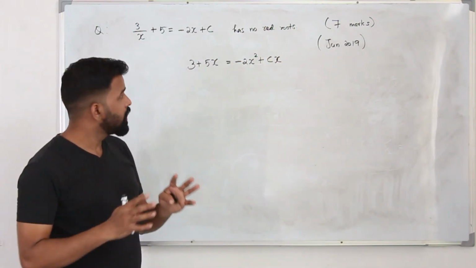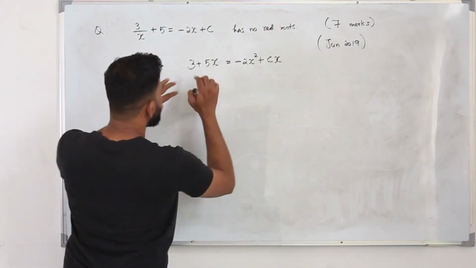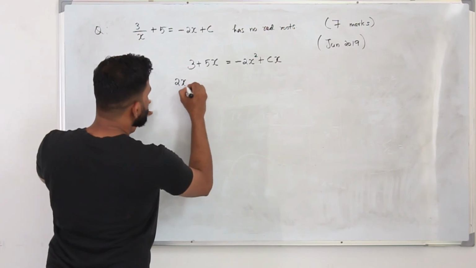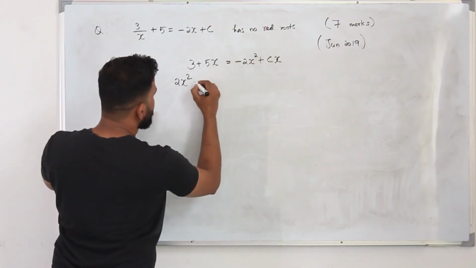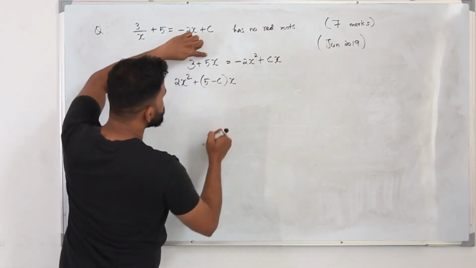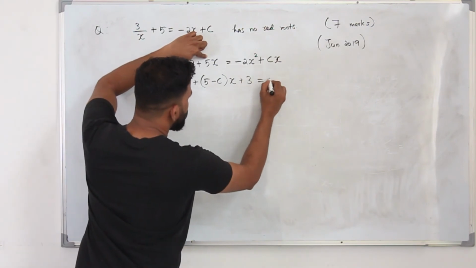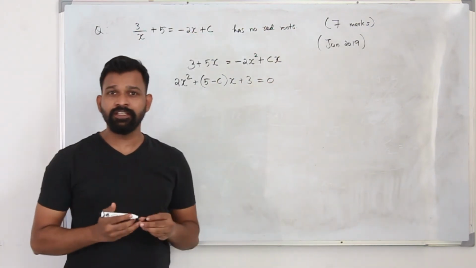That's the first step. And second step, put everything on one side of this equation. So it becomes 2x squared minus cx. So you can write it as 5 minus c times x, because you have 5x here minus cx, plus 3 equals 0.